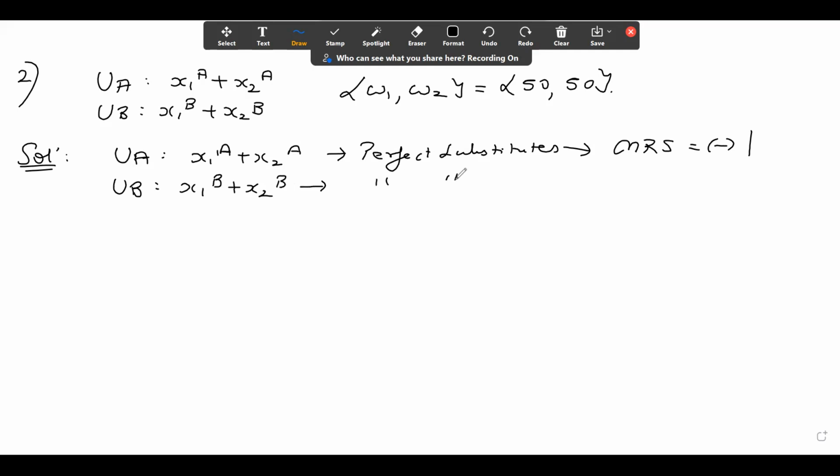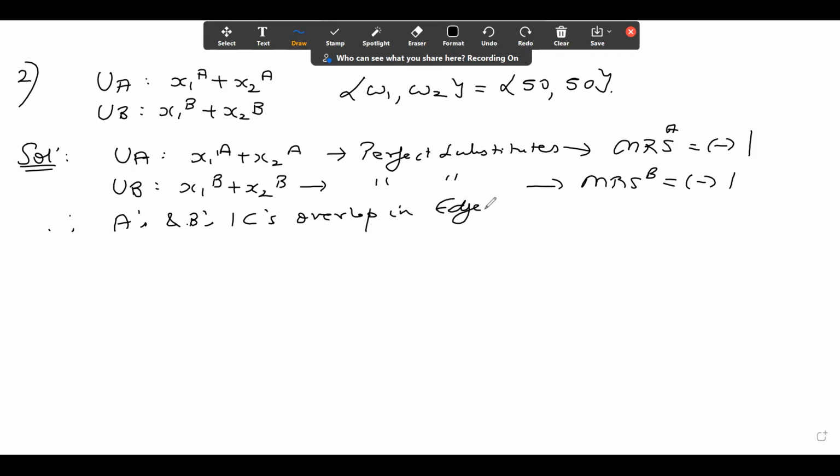Again, perfect substitutes, and MRS of B is also equal to -1. So since both ICs have the same MRS, A's and B's ICs overlap in the Edgeworth box, because both have the same slope.